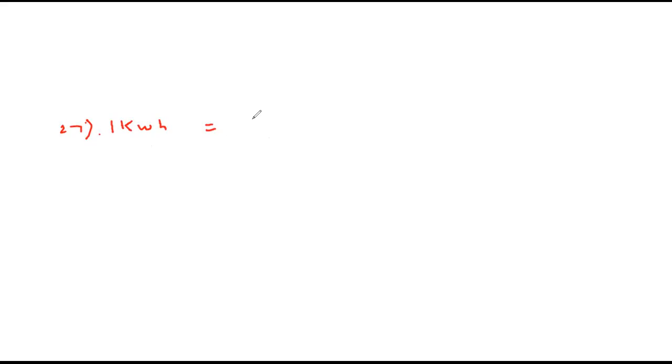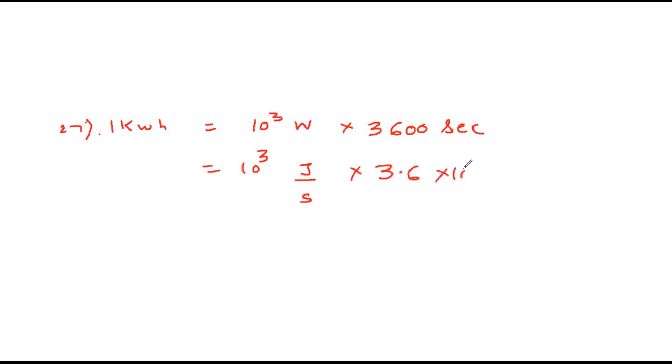In case we forget, 1 kilo is 10 raised to 3 watt, and 1 hour is 3600 seconds. So 10 raised to 3 watt means joule per second, into 3.6 into 10 raised to 3 seconds.